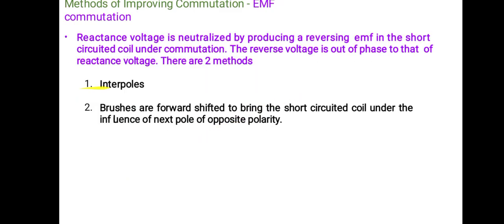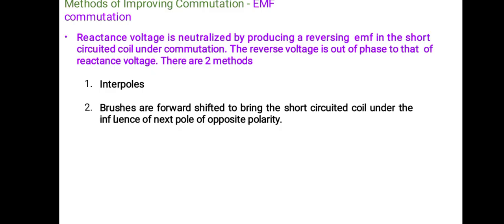EMF commutation is done with the interpoles. Interpoles are used for armature reaction as well. The reactance voltage produced during commutation is neutralized by the interpoles, since a reversing EMF is produced in the short circuited coil under commutation.